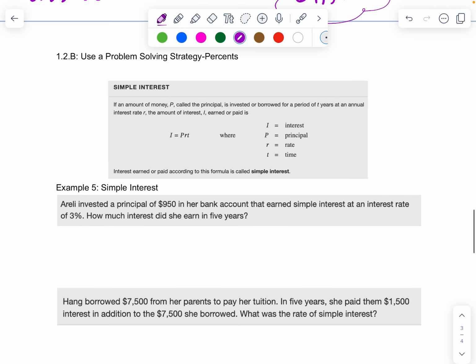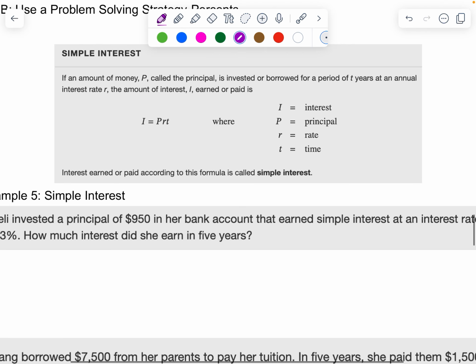The last few examples here have to deal with interest. Here's our formula. I equals P times R times T. P is called the principal. The principal is really just the original amount. T is time. R is rate.